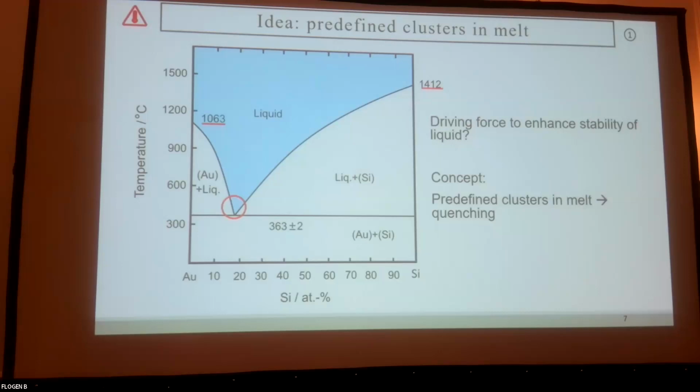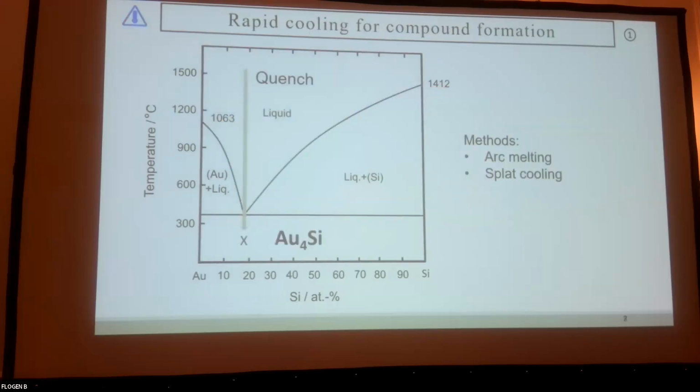And the concept was that potentially there are some clusters that are already predefined in the melt. And I was attempting to freeze these clusters out into a solid by quenching. So what I did, I was using these high temperature methods, quenched at this composition, and obtained the phase gold four silicon.